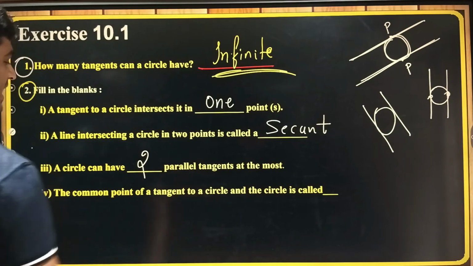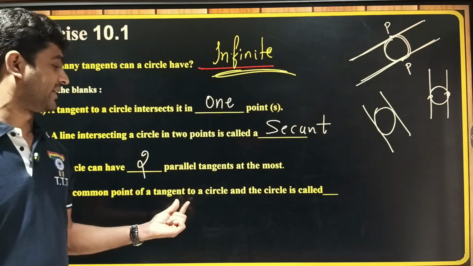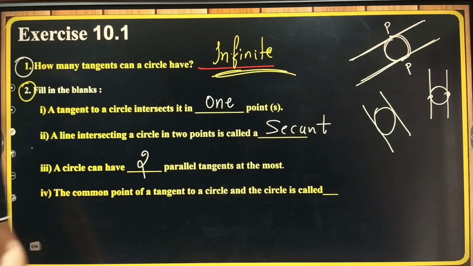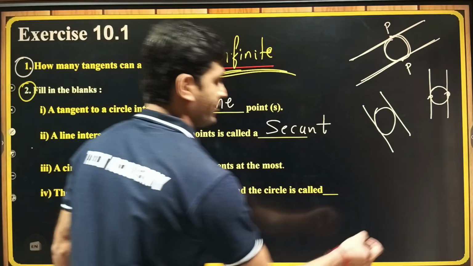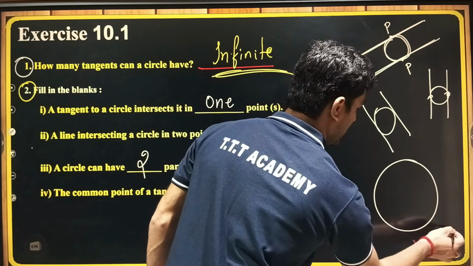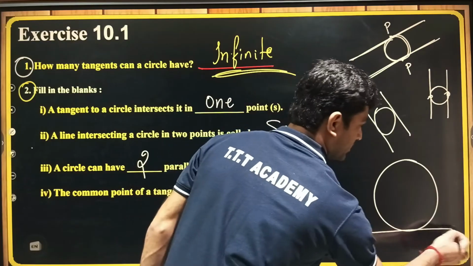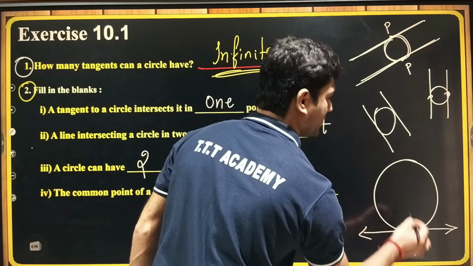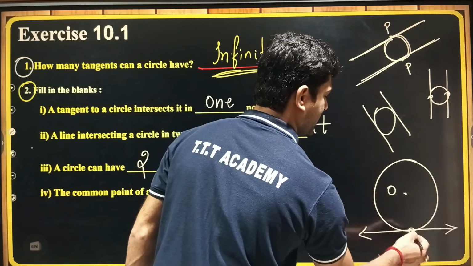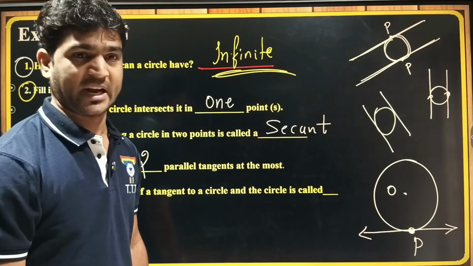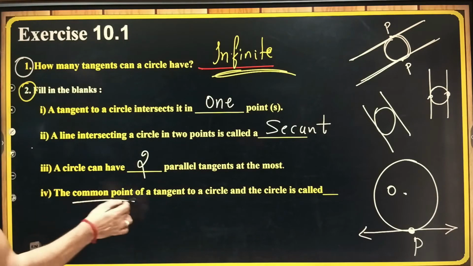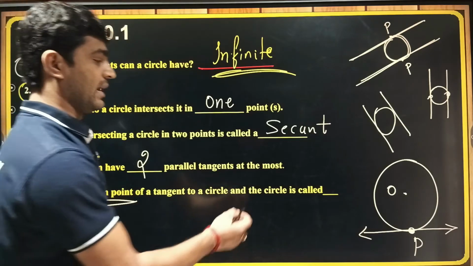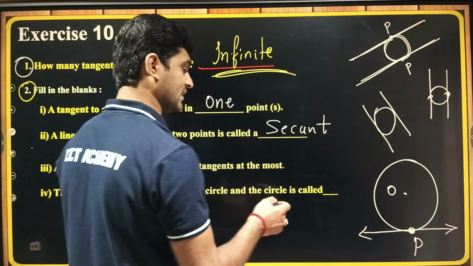Next, the fourth one in this fill in the blanks: the common point of a tangent to a circle and the circle is called.